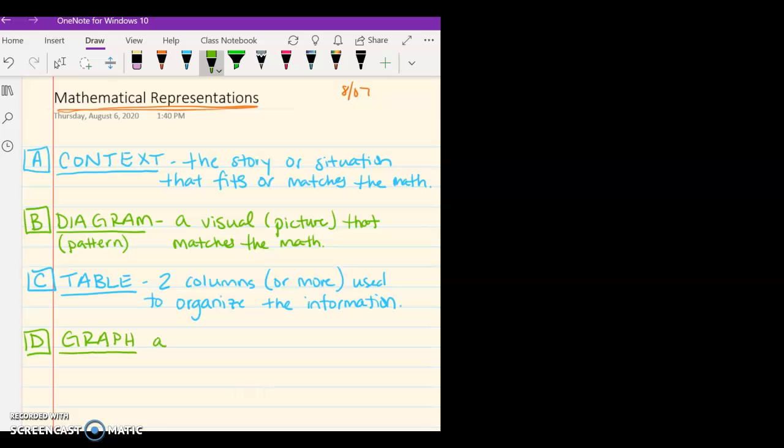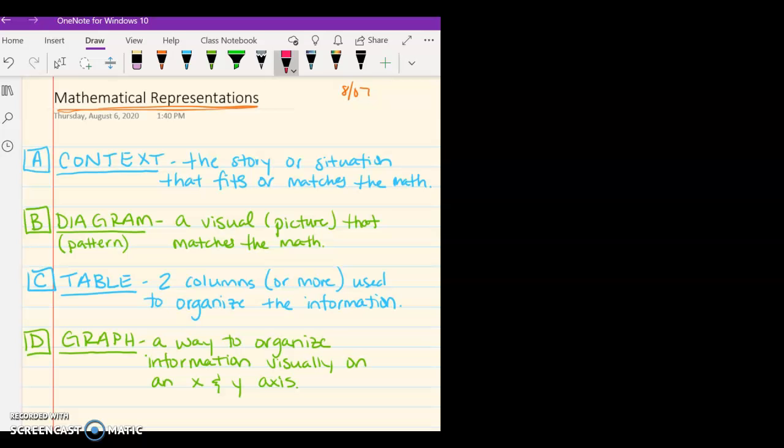So it's a way to organize information visually on an X and Y axis. And I'm going to draw some examples. I'm going to erase these so they're not going to stay on my paper.